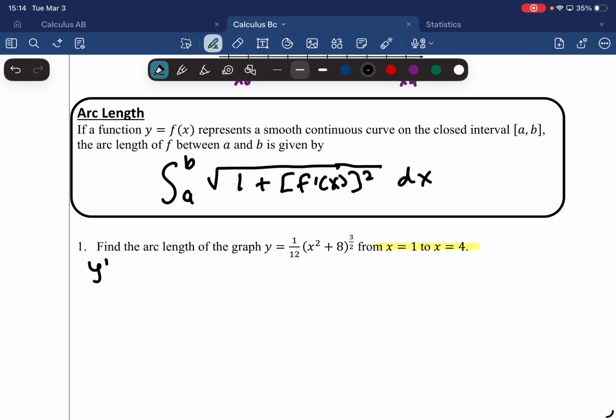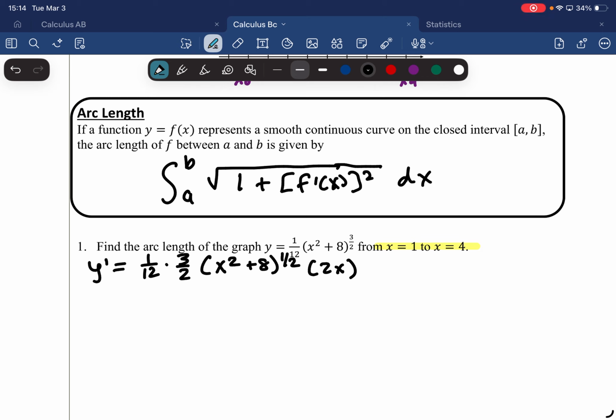Remember, when we're finding the derivative, everyone should know all their properties of derivatives already. But if you forgot, this is going to be the power rule and the chain rule, because we have to take the derivative of the outside function and then multiply it by the derivative of the inside function. So this becomes 1/12 times 3/2 times x squared plus 8 to the 1/2 times 2x.